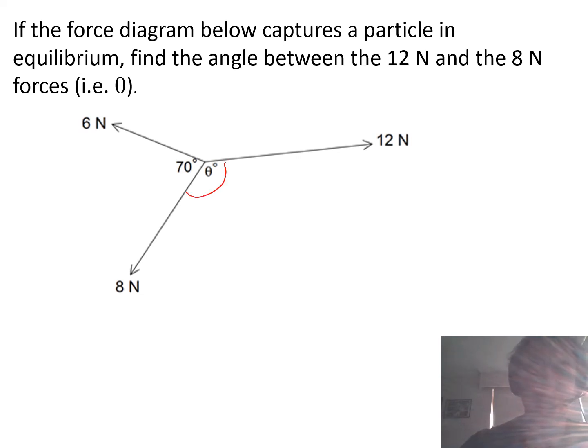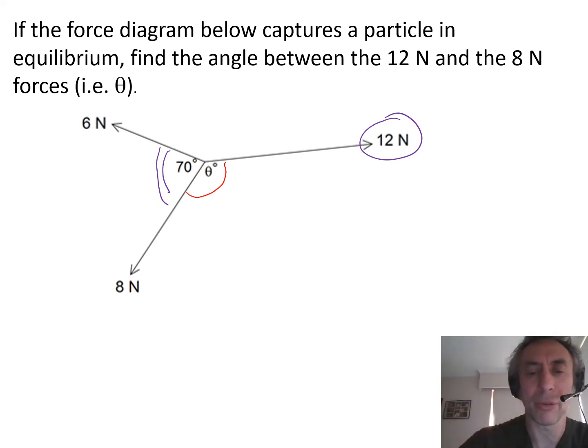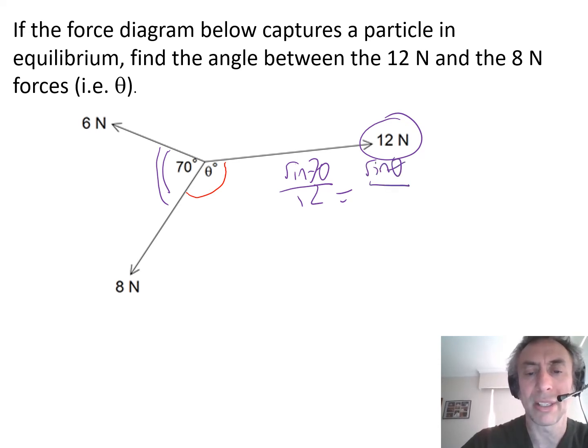All right, so is it meeting the brief for Lami's theorem? We've got an angle and we've got the magnitude directly opposite. So we know that ratio: the ratio of sine of 70 is to 12, in the same way sine of theta is to 6.